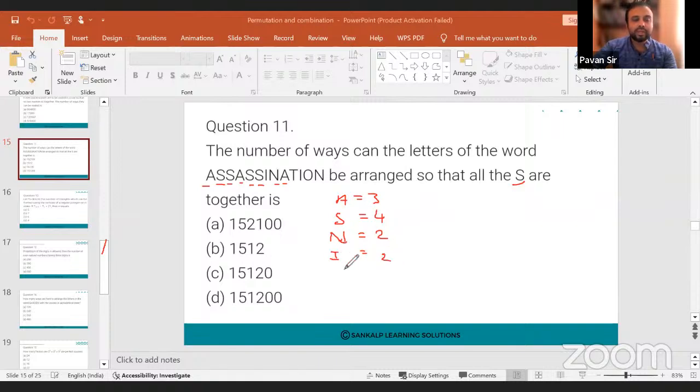Then T and O are respectively 1. So write like this. So how many total letters are there? 10, because all S we have to take together. So 3 plus 2 plus 2 is 7, 7 plus 2 is 9, and 1 is 10. So total 10 are there. So use the formula and get the answer fast.